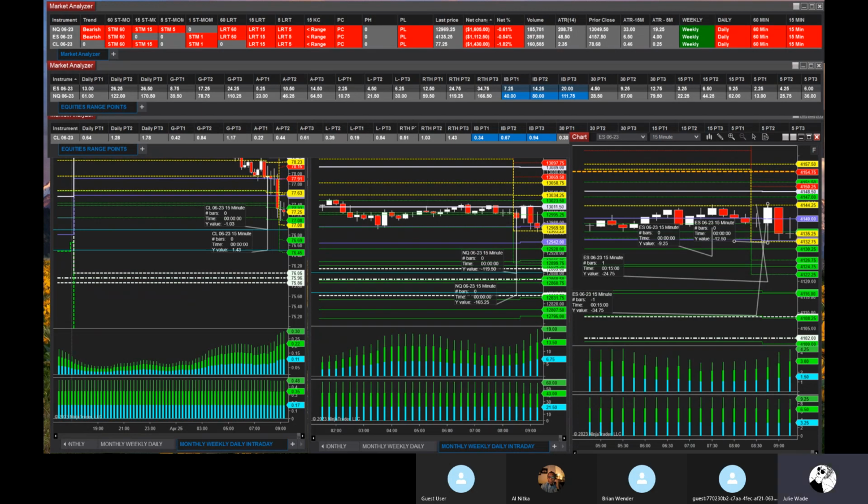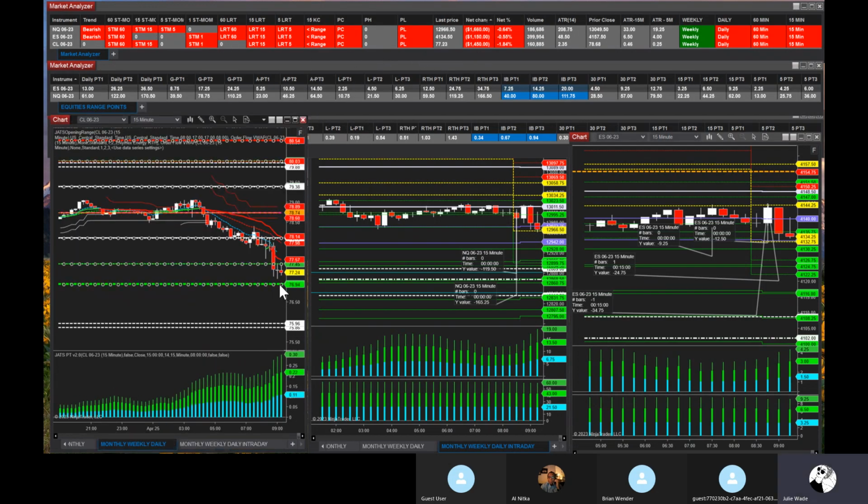So we're just getting an estimate of the average range. So let's take another look at these higher time frames. We're almost to the end of this. We're coming down now again in crude, trying to approach it with this red.